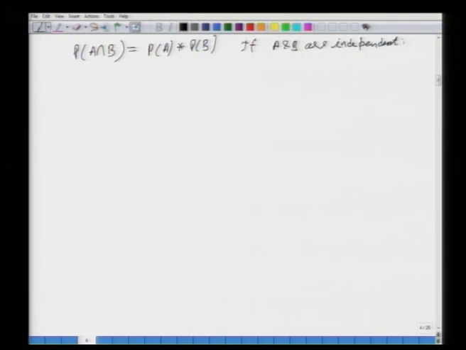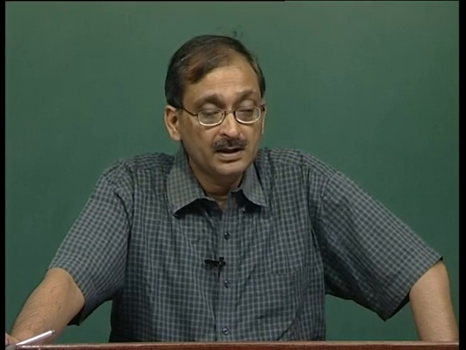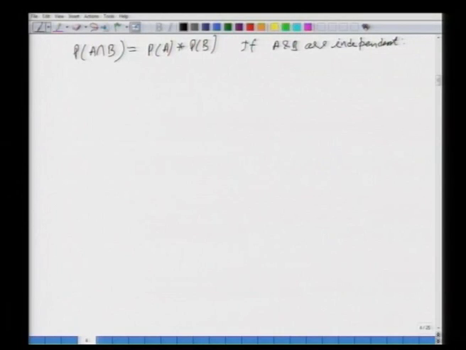When the occurrence of event A does not depend on the occurrence of event B, then A intersection B is given by the product of the individual probabilities, P A times P B. And if not, it is equal to P of A multiplied by P of B given A, that is your conditional probability.